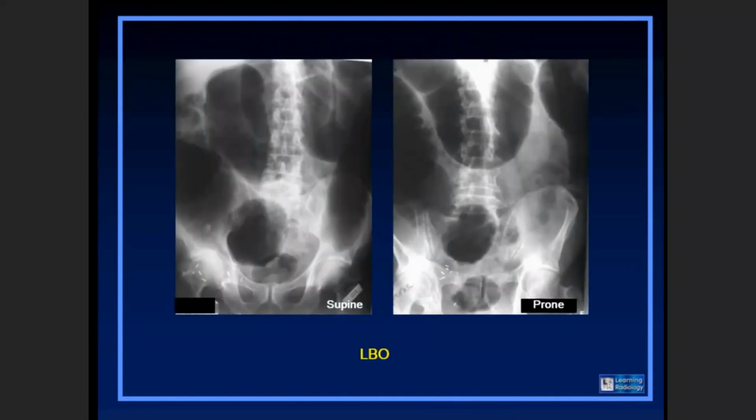Here, for example, we have a distal or lateral gas distribution, and smooth loss of haustration of the large colon. This is large bowel obstruction. This is a supine view, where the patient is standing upward, and this is a supine view where the patient is lying on his back.